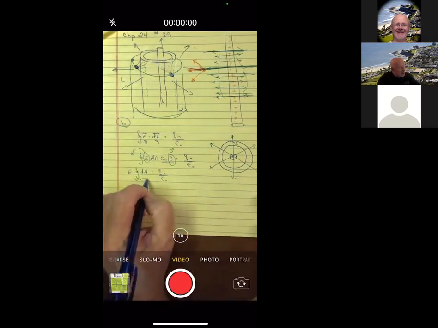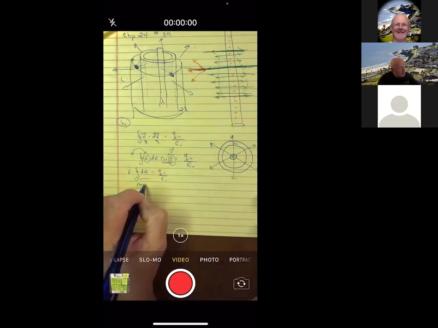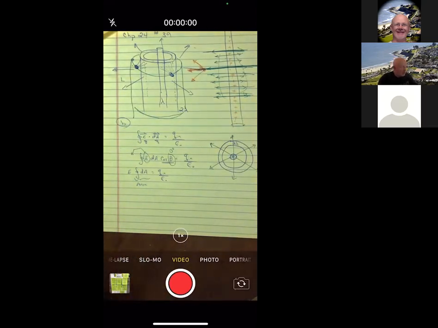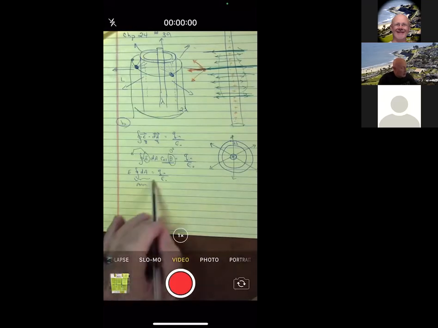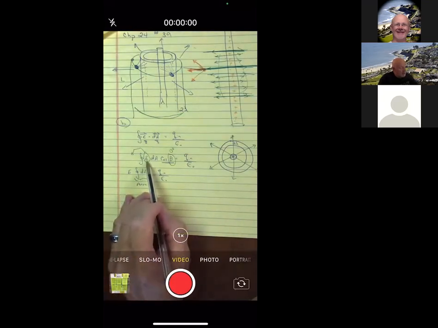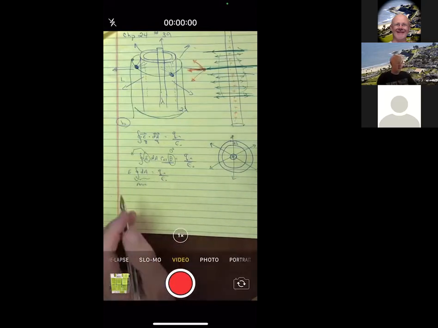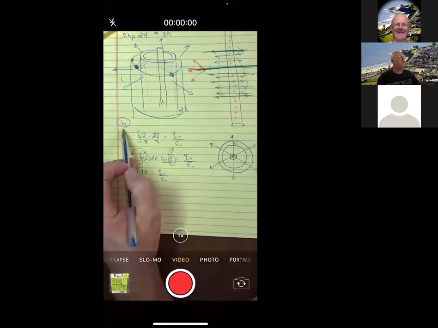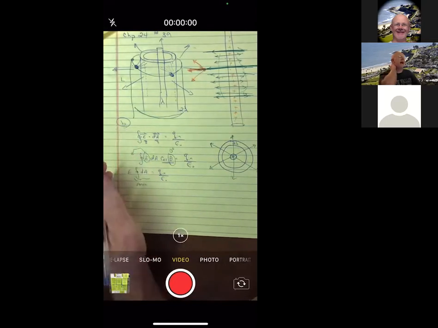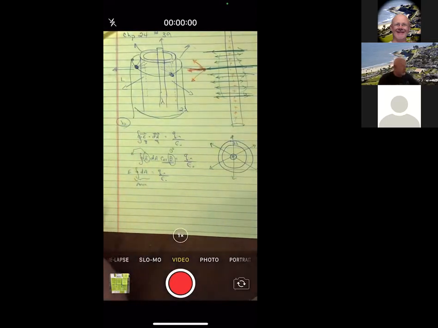So now you're doing an integral that is clearly just area. And you don't have to worry about trying to integrate the electric field times the area when you don't even know what the electric field is. I mean, that's this whole problem of B. B says the electric field outside of the cylinder a distance r.